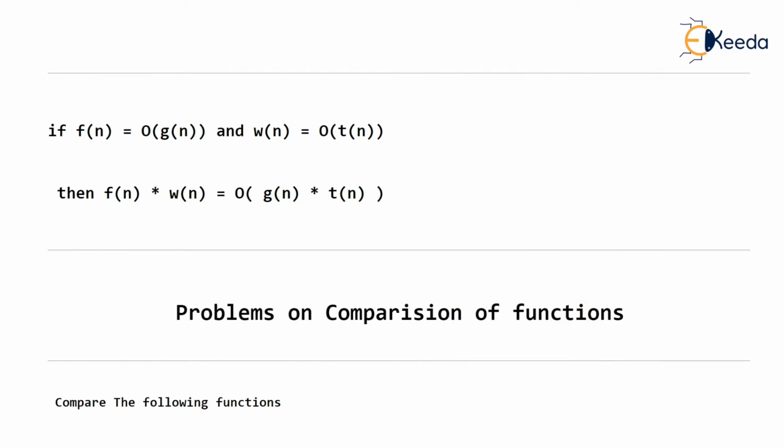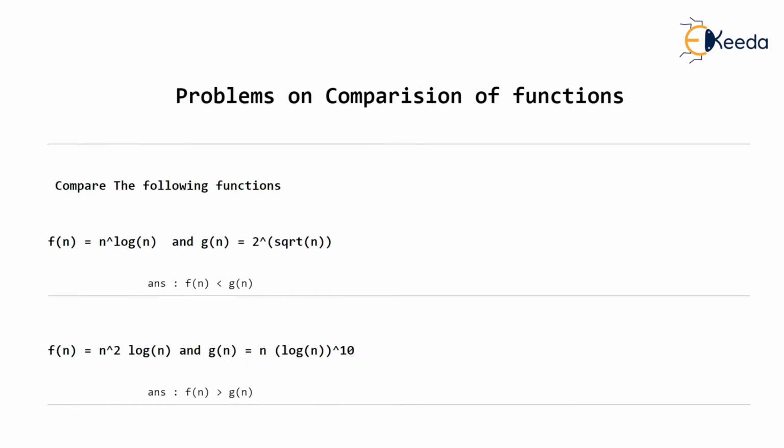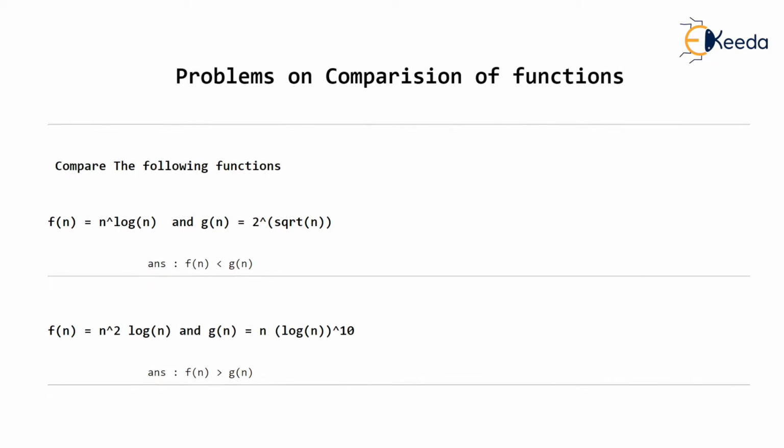Now let's go on to solving some problems on comparison of functions. What happens is in the GATE exam, many a times we are given two functions, or rather more than two functions, and the simple question asked is which function is smaller than the other function. Like we are given f(n) is equal to n raised to log n, I am so sorry.